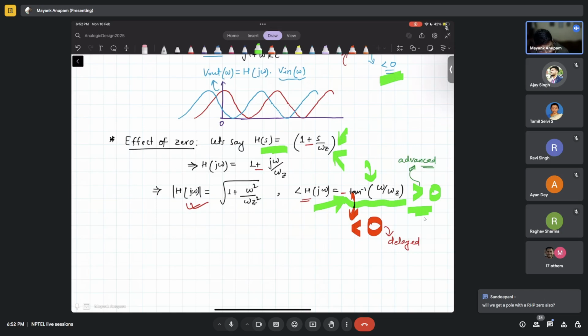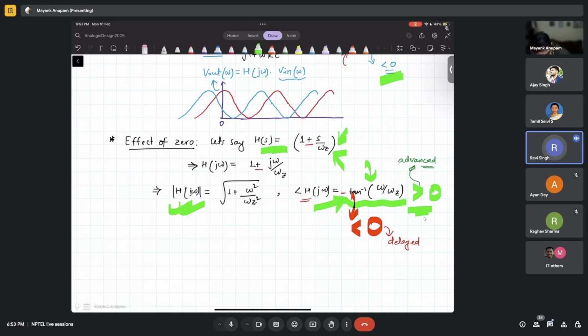The other way to look at it is, even without looking into the delay, you can look here in the magnitude response. What happens to the magnitude as omega increases? It keeps increasing, isn't it? If the frequency is very high, it will keep becoming higher and higher. So if the frequency becomes very high, let's say infinity, what will happen to this? It will also be infinite.